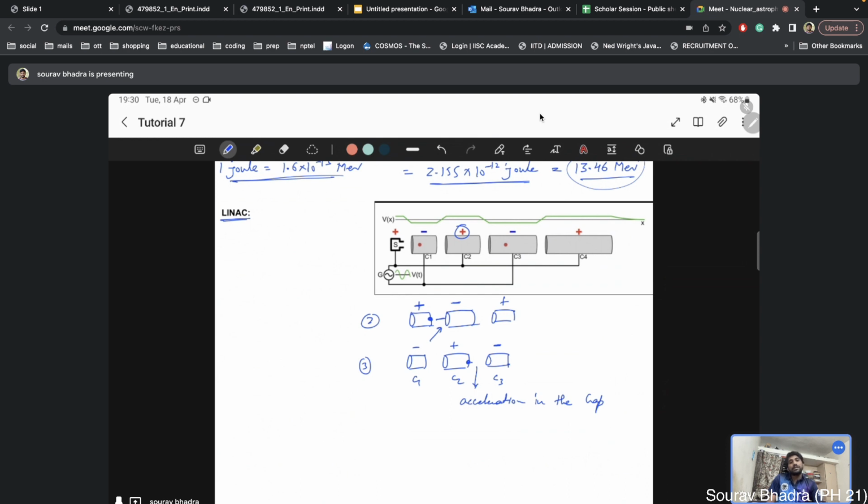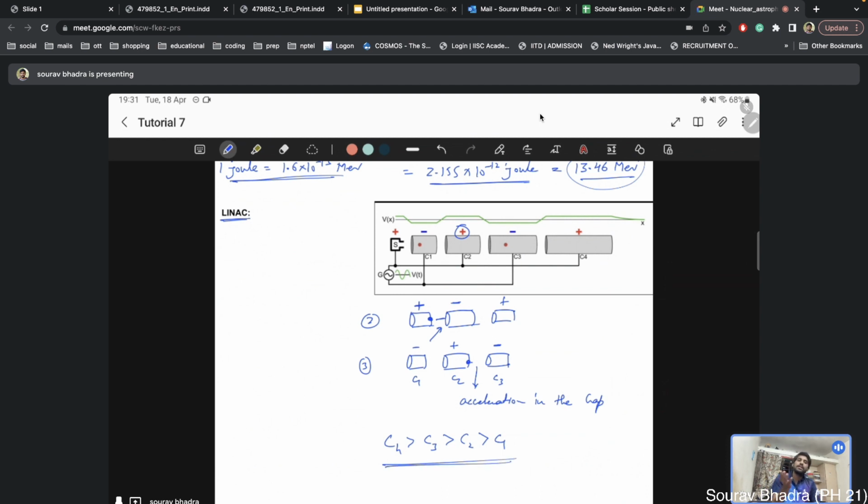And as you see, this acceleration will increase the velocity of the particles. So if you go from C1 to C2 for a constant time, it will move through a larger distance as the velocity has been increased. That's why the length of C2 is bigger than C1. I mean C4 is bigger than C3, C3 is bigger than C2, and C2 is bigger than C1.